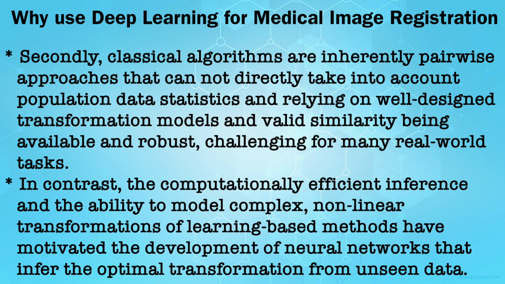In contrast, the computationally efficient inference and the ability to model complex non-linear transformations of learning-based methods have motivated the development of neural networks that infer the optimal transformation from unseen data.